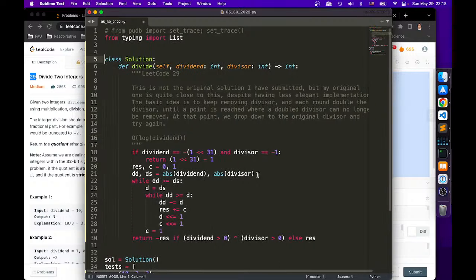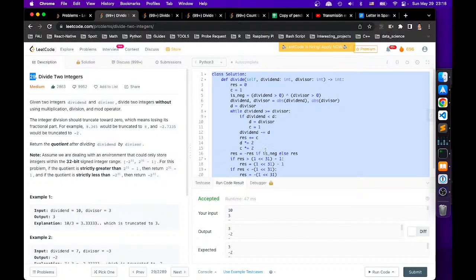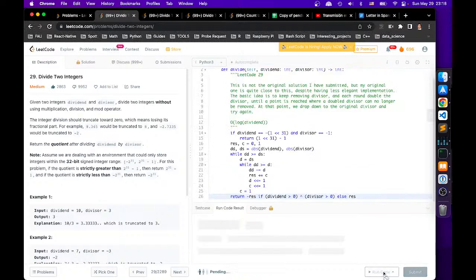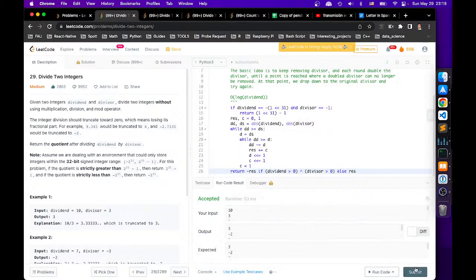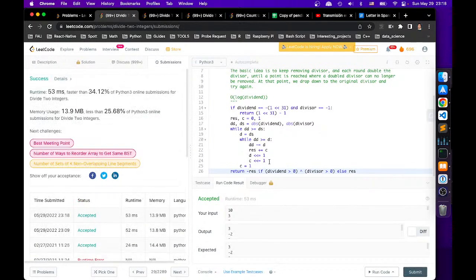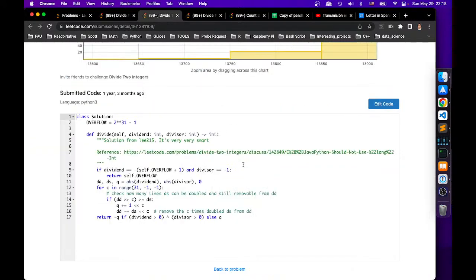Let's submit the solution as well. Okay. Similar performance. So this is a smart idea. What does this do? This one's fine, this one's fine.